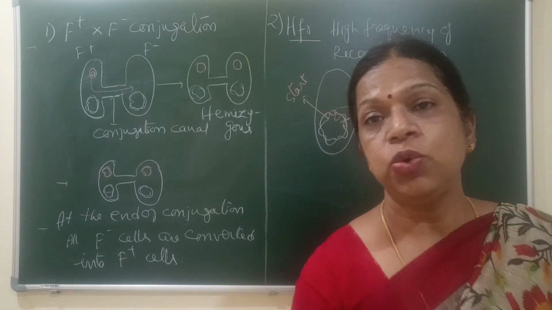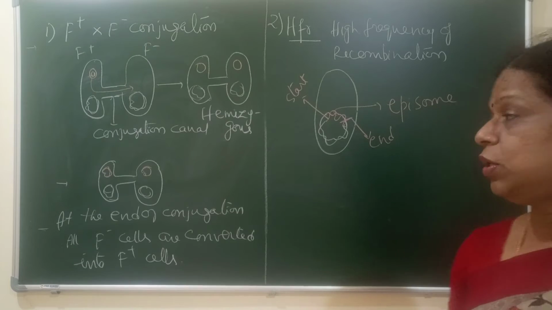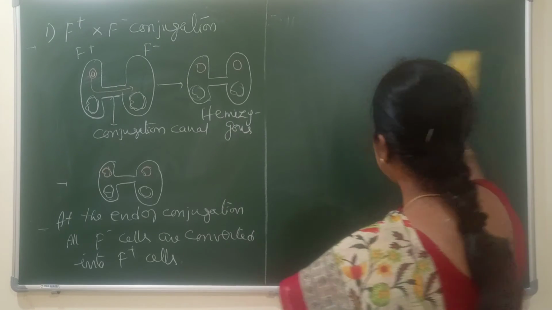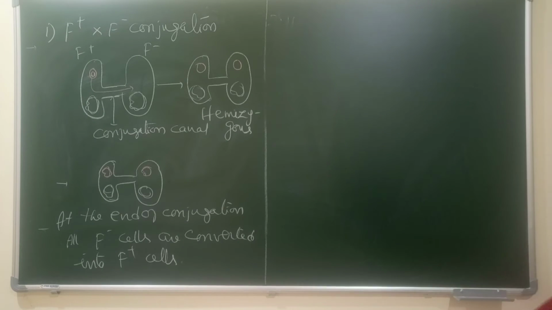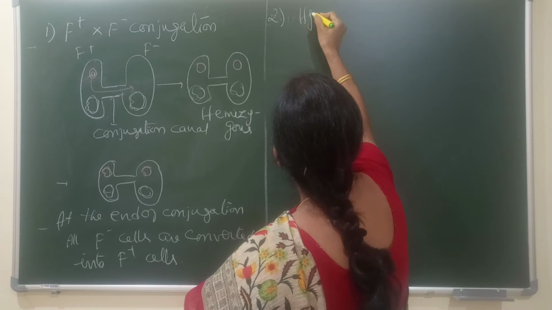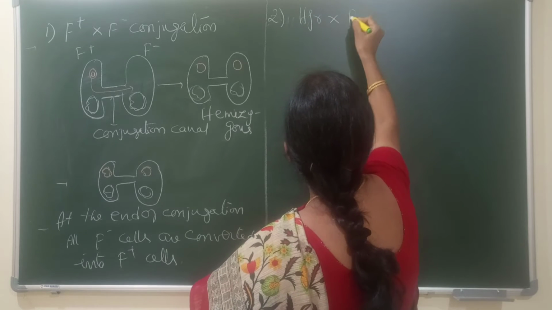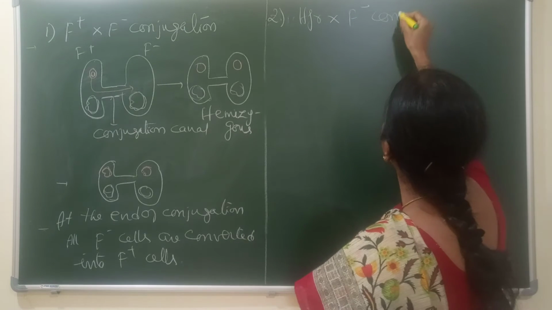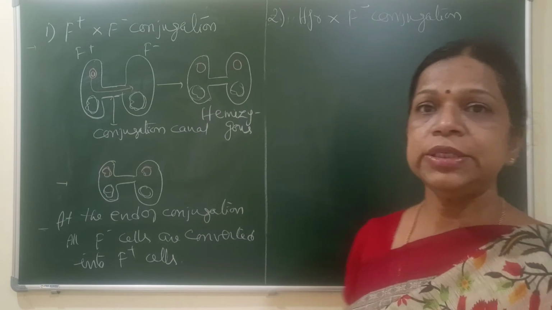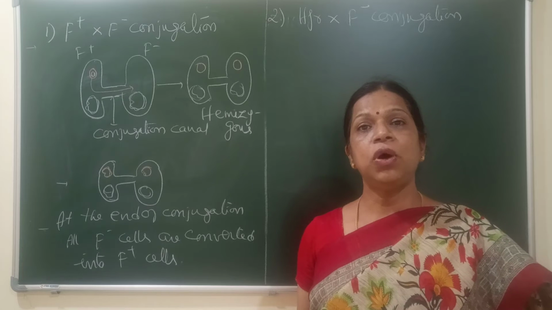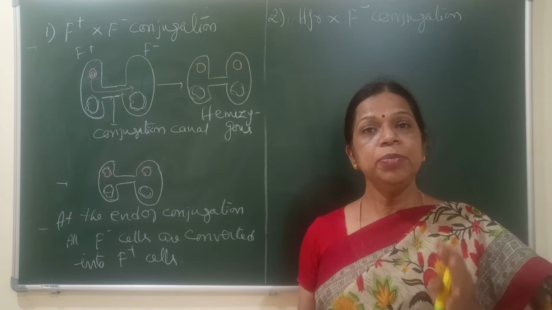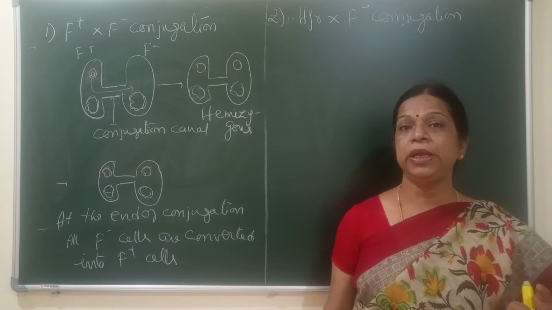Now let us try to understand the second type of conjugation, that is called HFR and F minus conjugation. Here, as we discussed, HFR stands for high frequency of recombination, and here the plasmid is not present in a separated state.